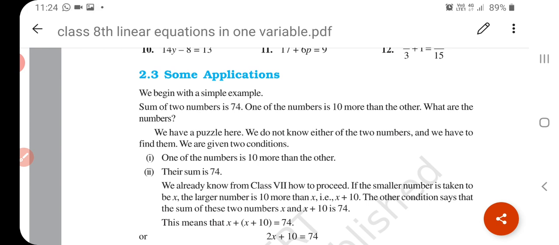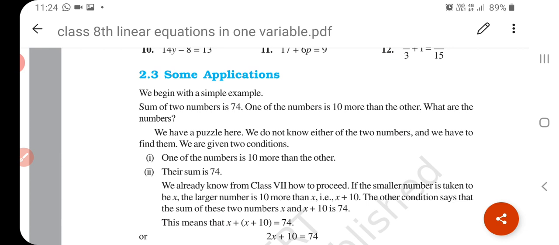Okay, understand? And what is the point to remember on transposition? Plus from LHS to RHS, the sign will get changed to minus. And minus from LHS to RHS, the sign will get changed to plus.